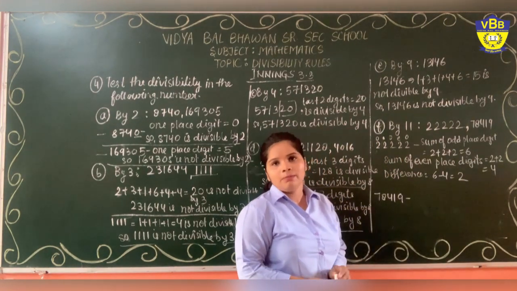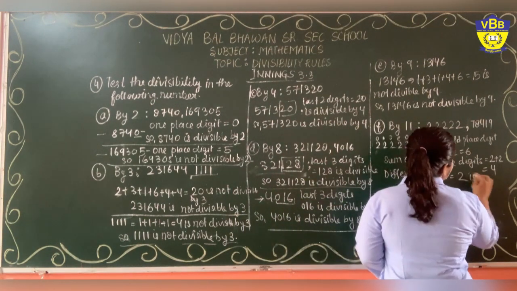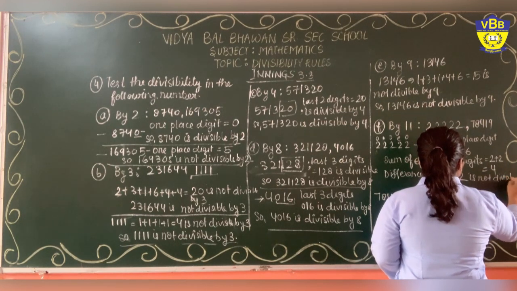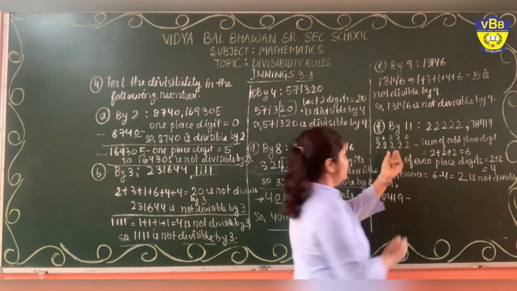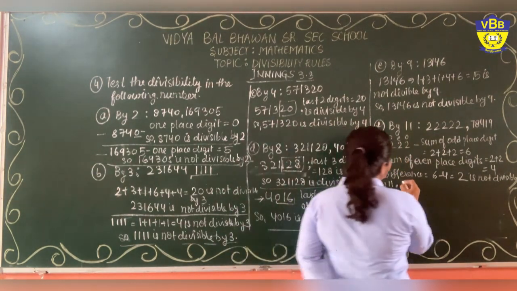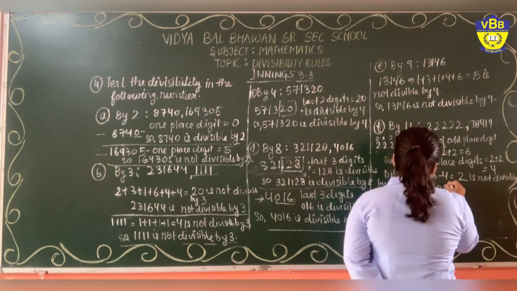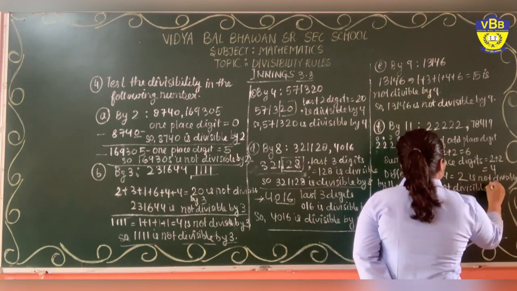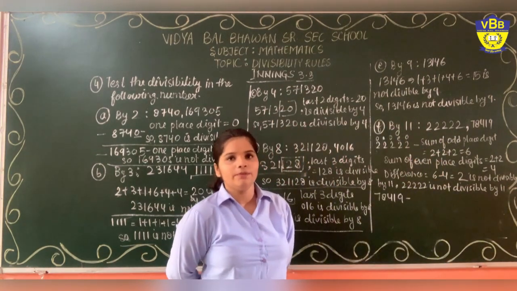Will 2 be divisible by 11? No, 2 is not divisible by 11. So this number 22,222 will not be divisible by 11. You have to write the final statement: not divisible by 11. I hope it is clear to everyone.